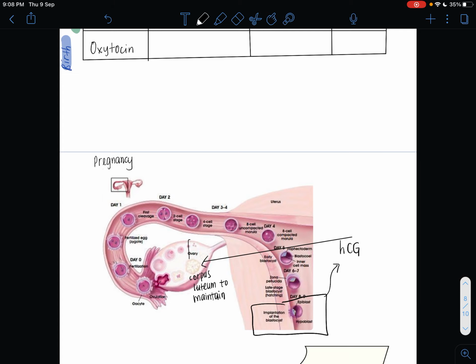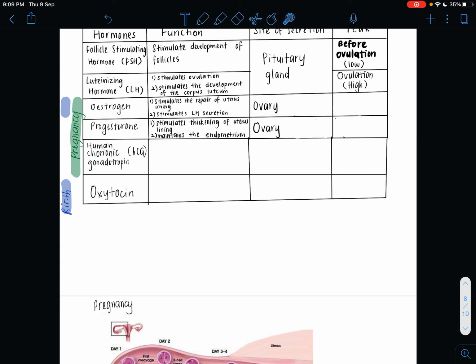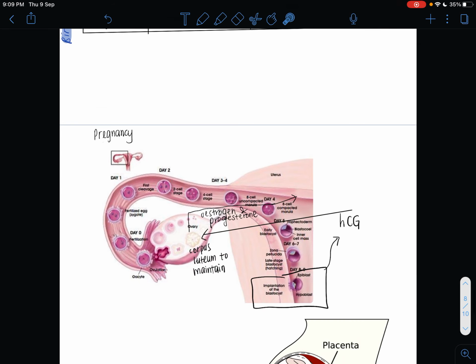Now the corpus luteum in return continues to stimulate estrogen and progesterone, where the function of estrogen and progesterone is to thicken and repair the uterus and maintain the endometrium wall. So that would continue to maintain the endometrium wall for the pregnancy to continue to take place.